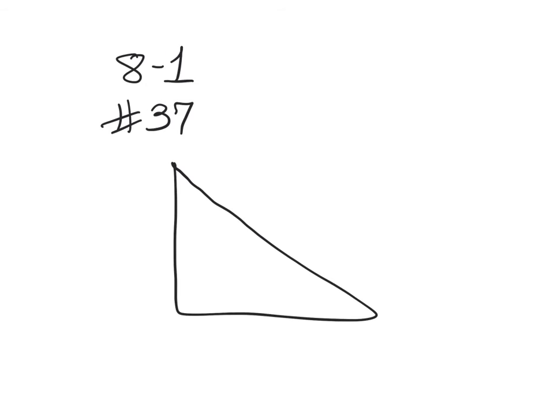Okay, so this is number 37 from 8-1. So A, B, C. Angle A again is given in degrees and minutes, so I'm going to divide this by 60. And this is going to give me 38.6 repeating, so I'm going to make it 38.7.